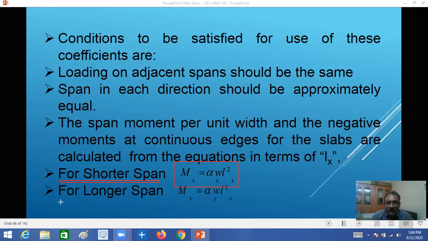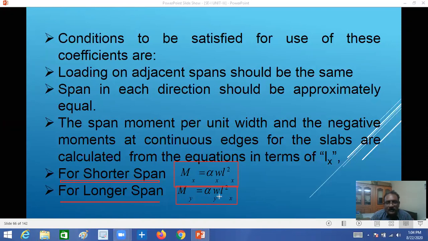Similarly, for the longer span, you have My. Here you must observe that in this formula you will have alpha y. I will show you that table also. Alpha y is calculated from Table 26 of IS 456.